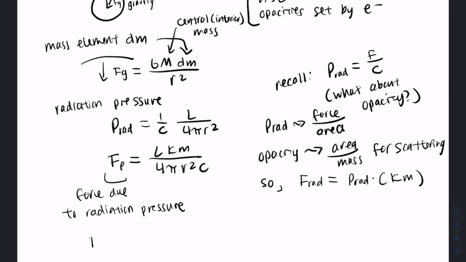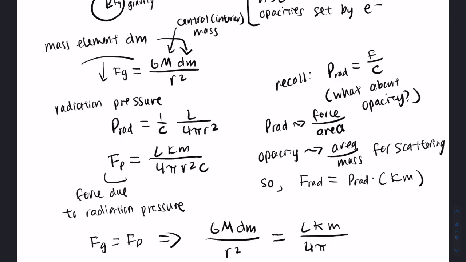So next stage is we're going to set these equal to each other because the Eddington luminosity is the luminosity where the force of gravity is exactly balanced by the force due to radiation. So that's going to be G M dm over r squared equals L kappa m over 4 pi r squared c.